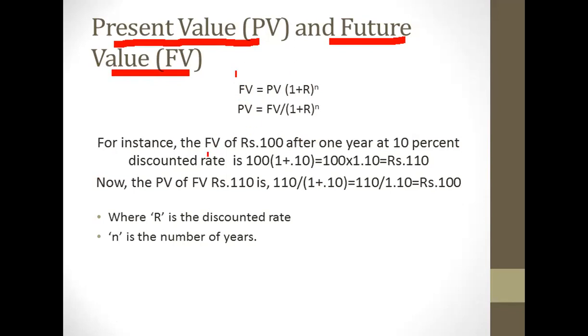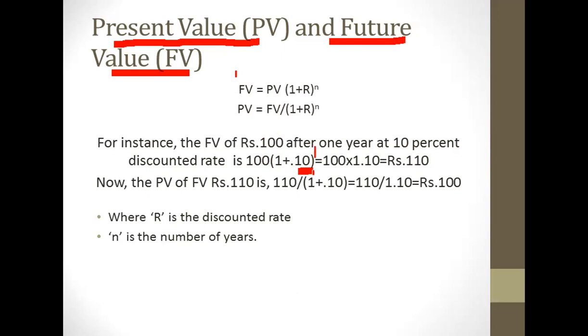Suppose we want the future value of 100 rupees after 1 year at 10% rate of interest. This can be calculated as 100, which is the present value. So we need to calculate the future value of the 100 rupees after 1 year. That means into 1 plus 0.10, this is the 10% interest rate, raised to 1.